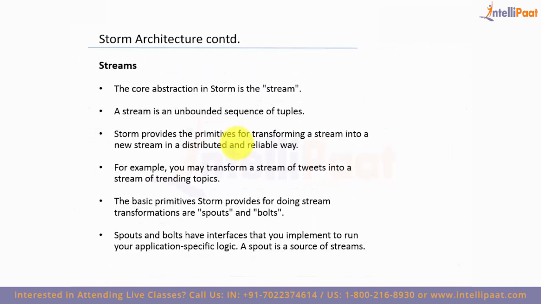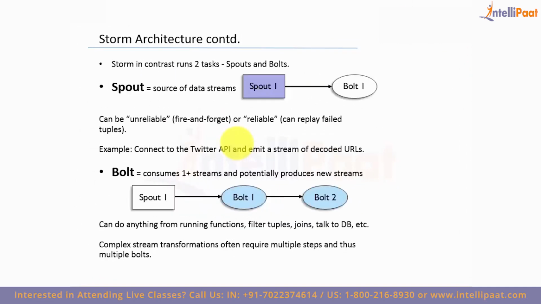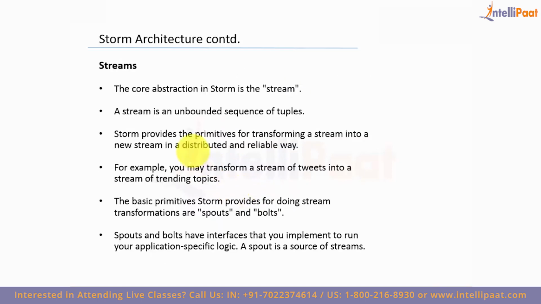We discussed that a bolt can consume one or more streams. If we talk about a stream, this is the core abstraction in Storm. A stream is an unbounded sequence of tuples. When we say unbounded, it means there is no limitation to the data which is generated via a stream. I will reiterate the example of the Twitter API which we discussed a couple of minutes back.